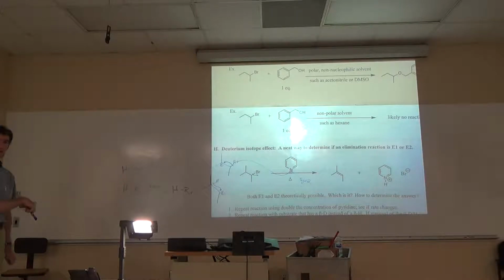What if we double the amount of base and the reaction rate stays the same? That would tell us it's E1. We can do that twice, one at a certain concentration, then change the concentration. You have to determine rates. But that can be done.